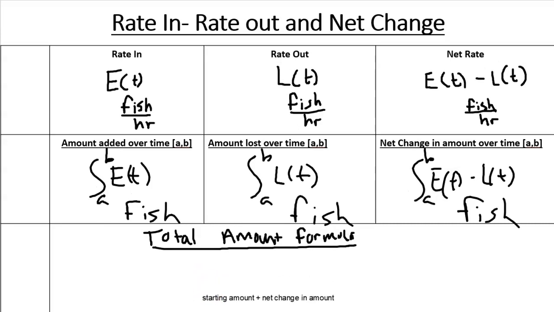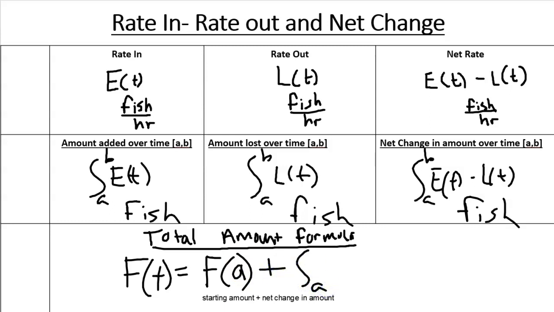Okay? So, let's just say that F represents the number of fish at any given time t. The total number of fish at any given time t is going to be the starting number of fish, which we're going to say is 0. Matter of fact, to be more general, we could say A, plus the integral from that starting time to whatever ending time you want, t, of the net change of the amount.